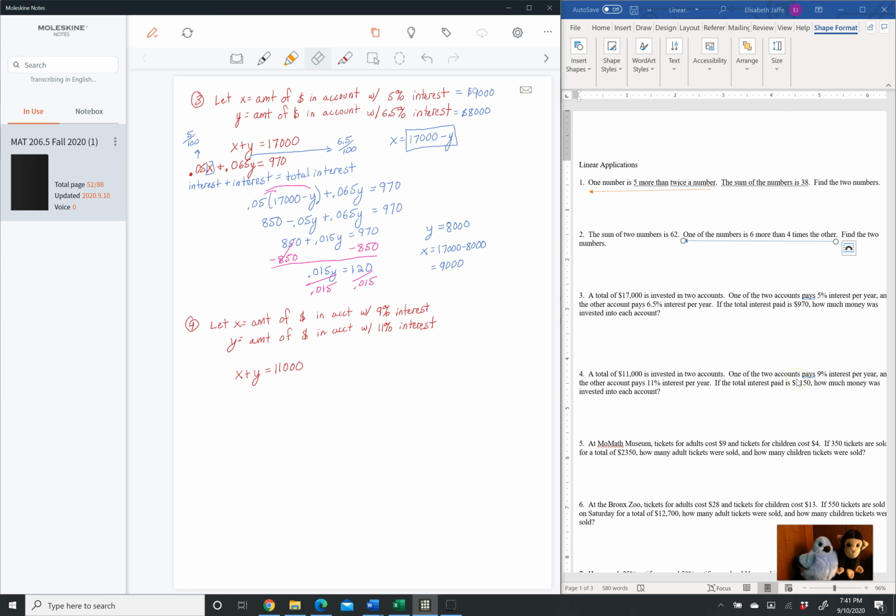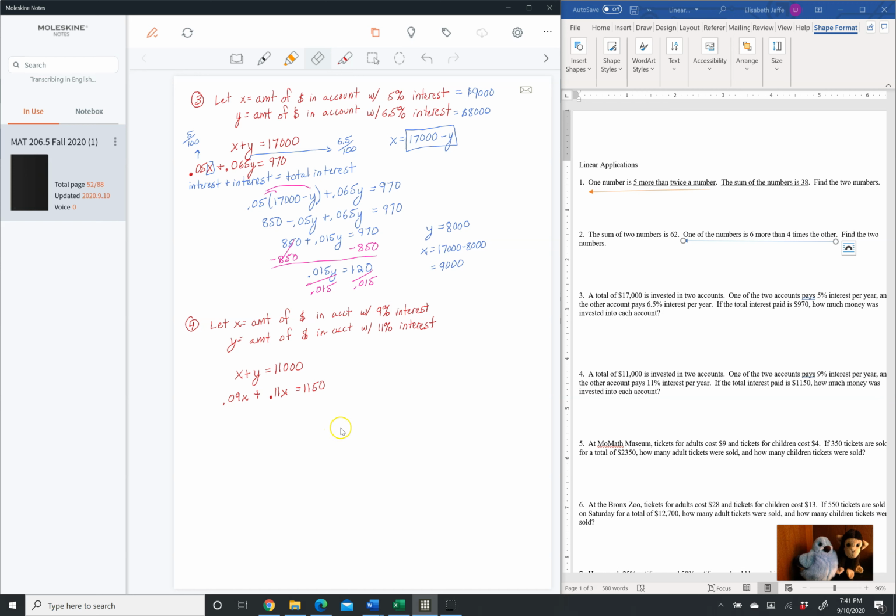So this says one account has 9% interest. So to get 9% interest, you multiply by 0.09. The other account gives 11% interest. And the total interest paid is $1,150. So total is a sum, and it's equal to $1,150.